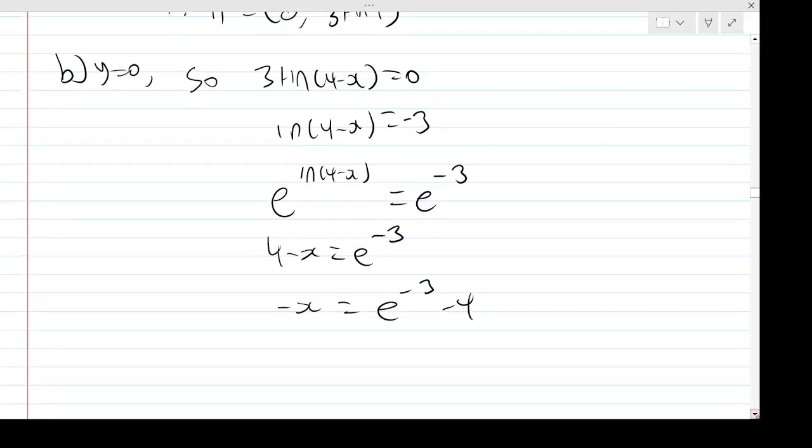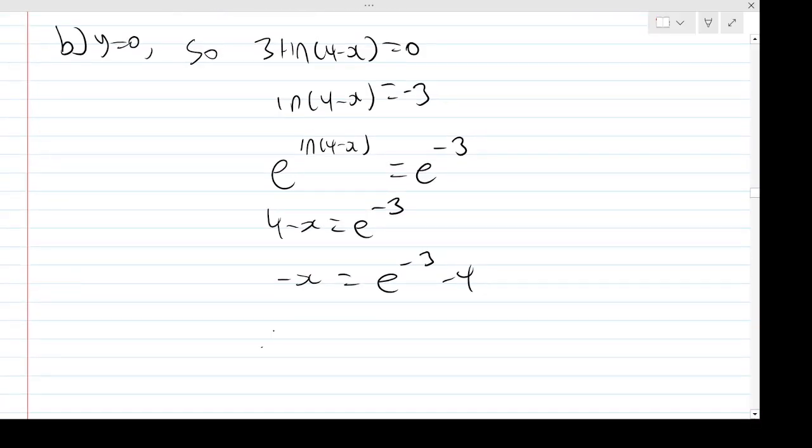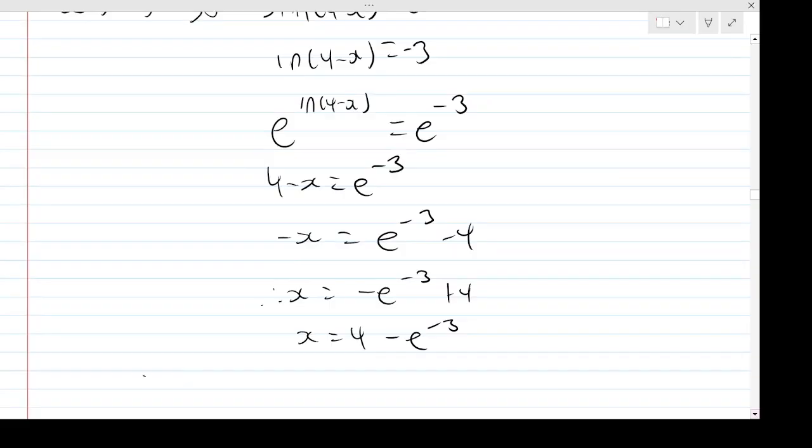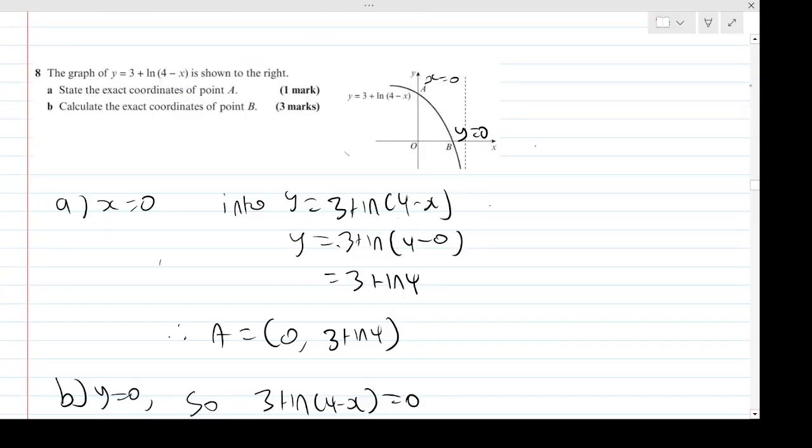And then just to get x, divide by minus 1, x is 4 minus e to the minus 3. And that is my answer. So then the coordinate B, x is 4 minus e to the minus 3, y is 0, right? And that's my coordinate for B.